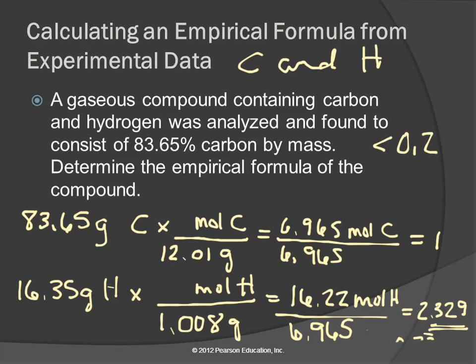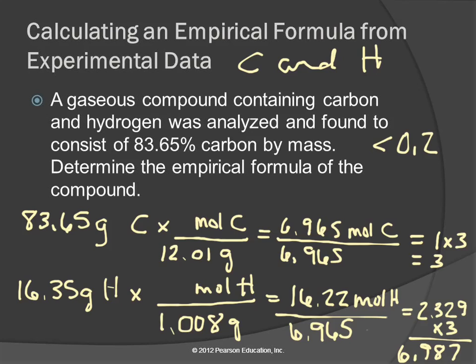Let me erase this. So I'm going to multiply this one by 3, which will give me 3. And I'm going to multiply this one by 3, which gave me 6.987. 6.987 is less than 0.1 away from 7. Do you see that? If I subtract that from 7, the difference is 0.013.